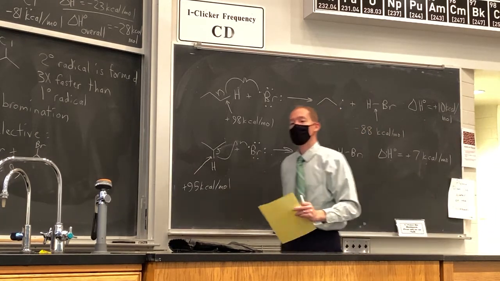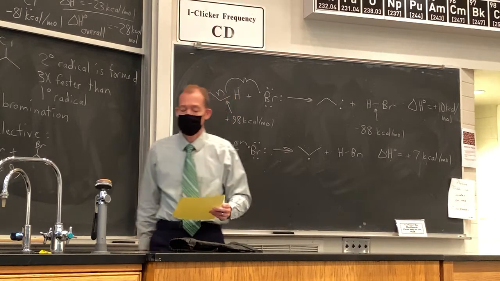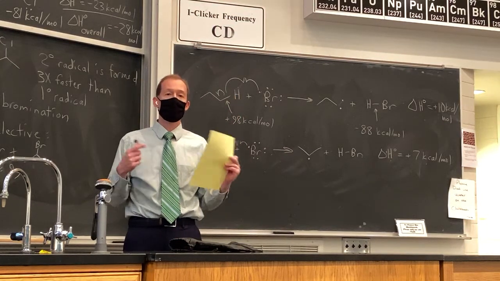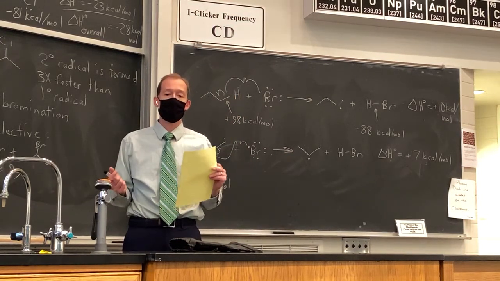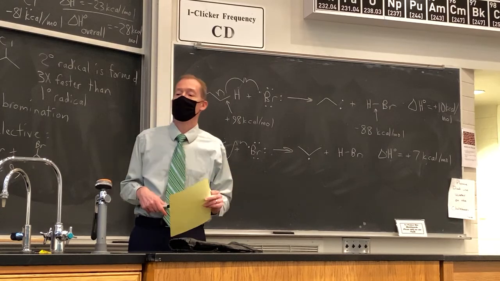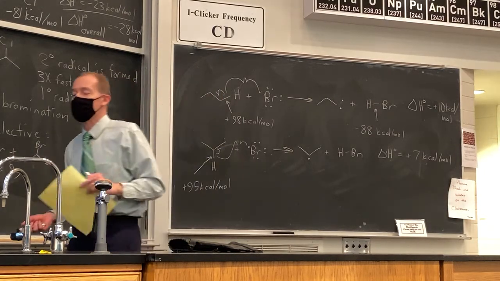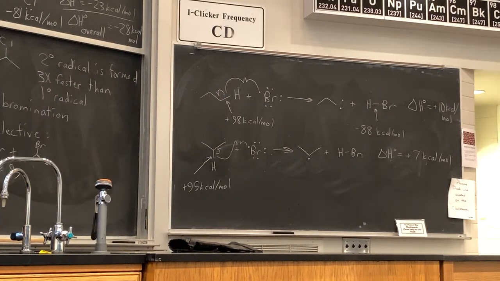So we remember from Hammond's postulate that if we have an exothermic step, the transition state resembles the reactants. But if we have an endothermic step, the transition state resembles the products.